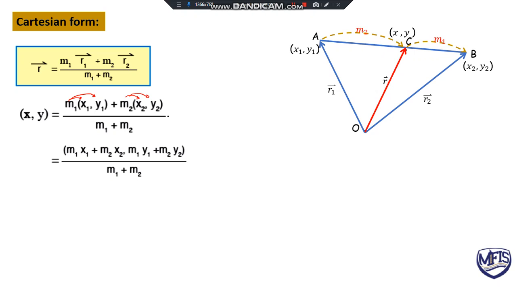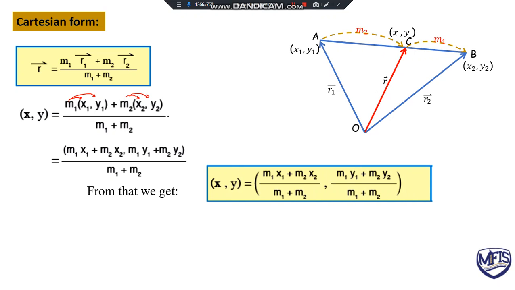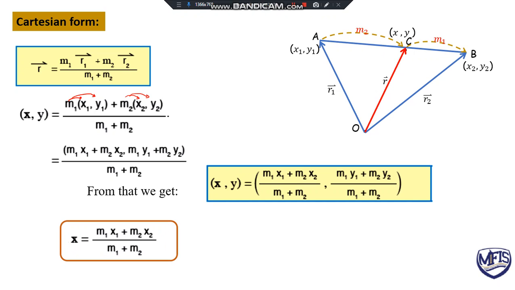So we have M1 x1 plus M2 x2 and M1 y1 plus M2 y2 over M1 plus M2. From that we get x and y, in Cartesian form: x equals M1 x1 plus M2 x2 over M1 plus M2, and the coordinate of y will be M1 y1 plus M2 y2 over M1 plus M2.